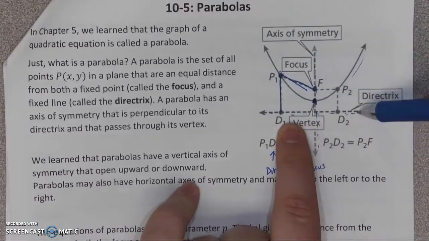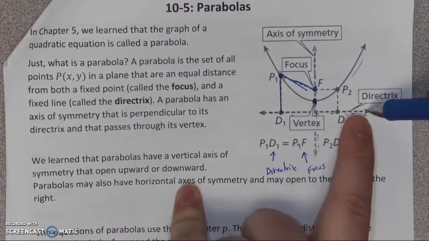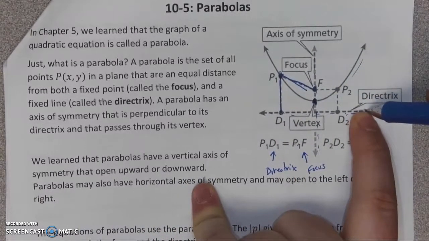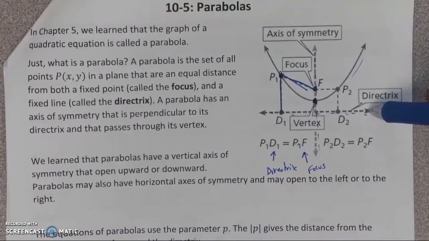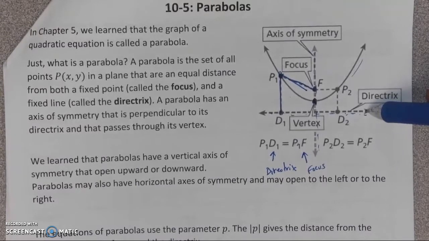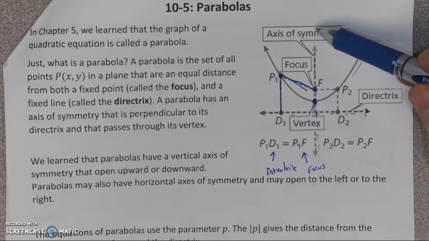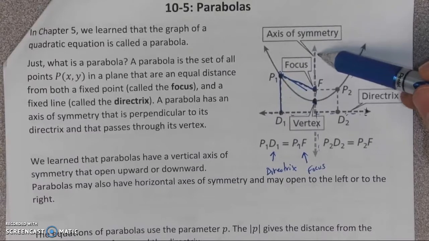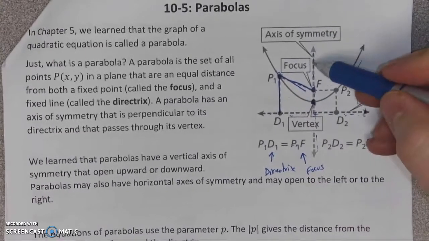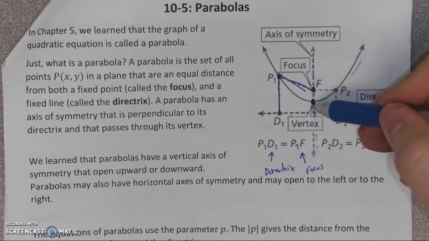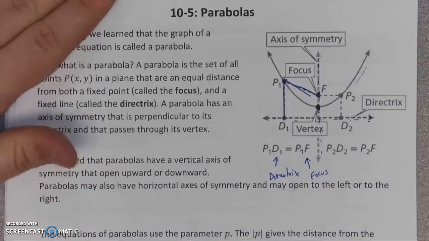This dotted line down here is your directrix. And this directrix, they tell you, is perpendicular to the axis of symmetry. And your axis of symmetry contains both the focus and the vertex of your parabola.